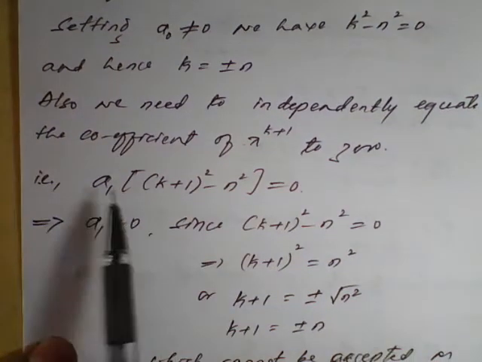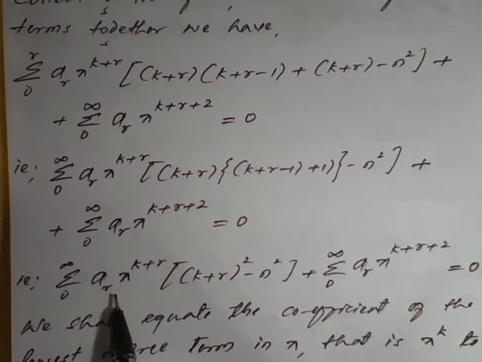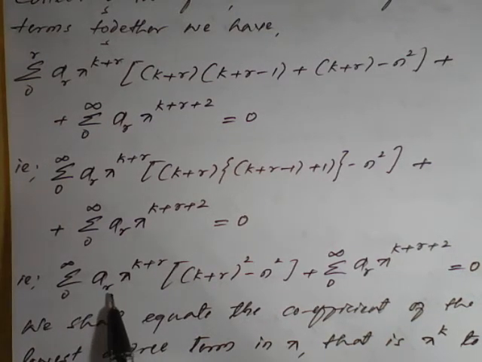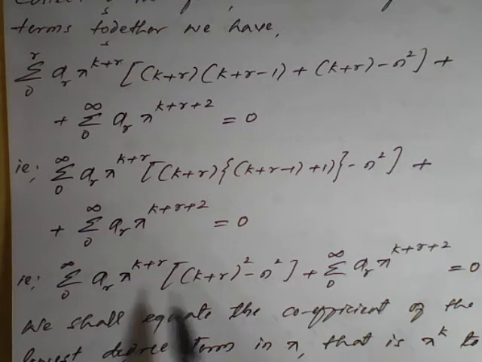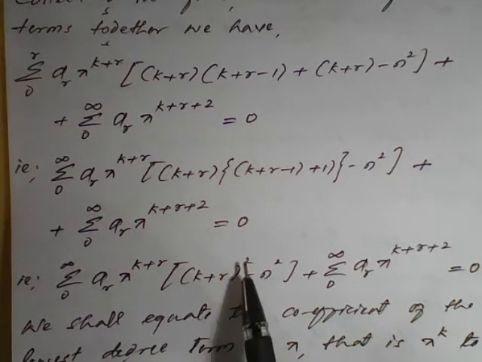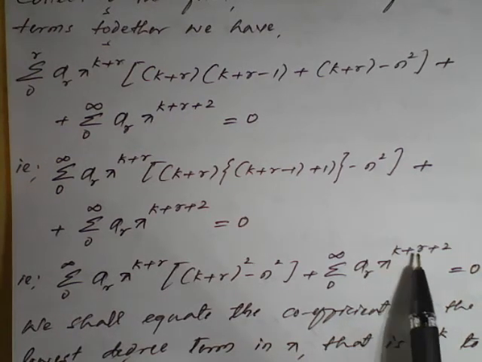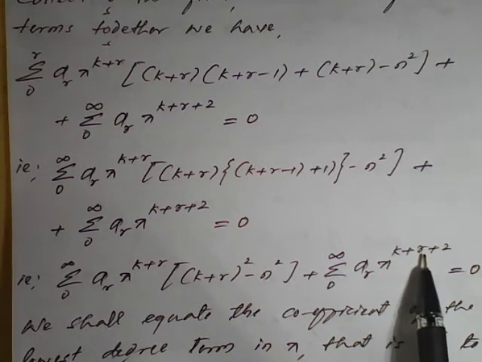So in this expression put r equal to 1 now. If you put r equal to 1, we get a1 x raised to k+1 times (k+1) whole square minus n square. And the other term is a1 x raised to k+3, because r is 1.